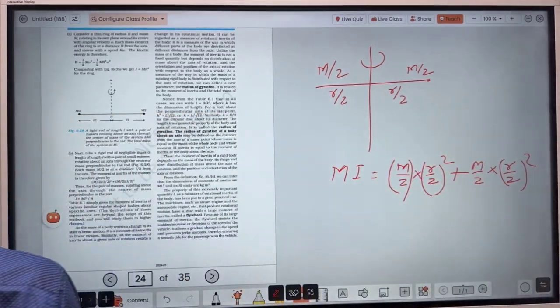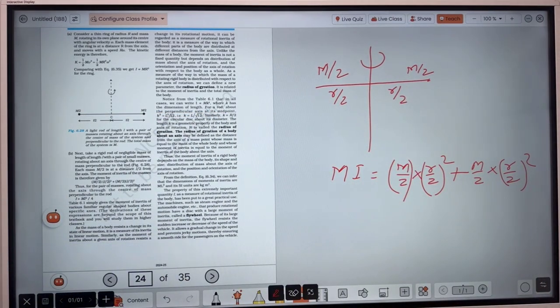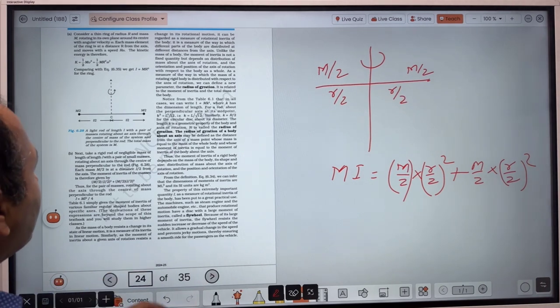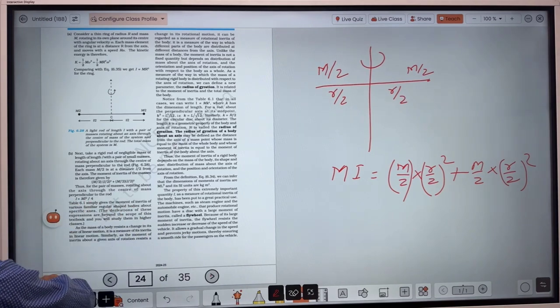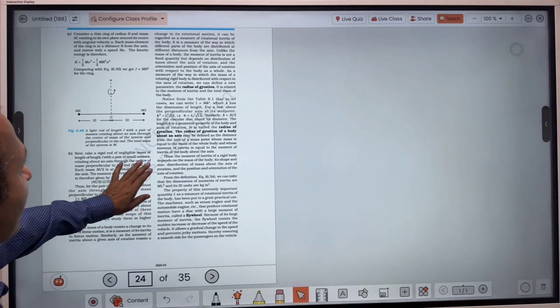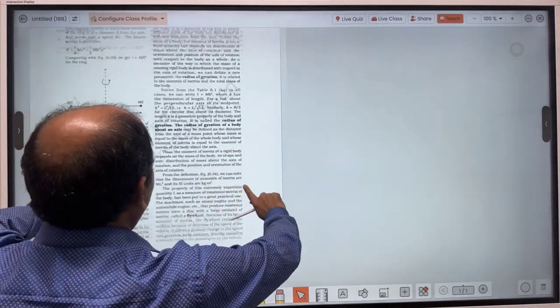Now further, here certain practical examples are given for this moment of inertia. Here you will find there is one device called the flywheel. It is a very important thing. The property of this extremely important quantity I as a measure of rotational inertia of the body has been put to great practical use.